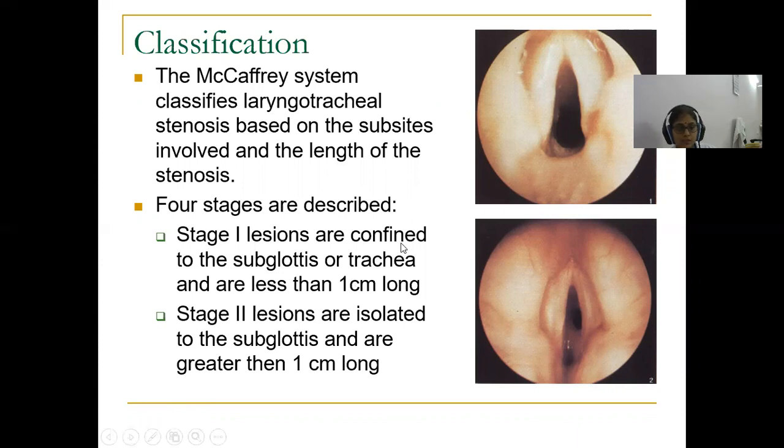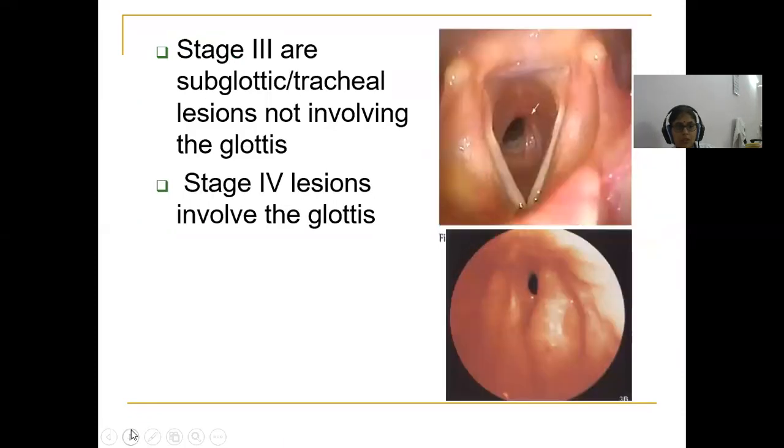Stage 1, the lesions are confined to the subglottis or trachea and are less than 1 centimeter long. Stage 2, lesions are isolated to the subglottis and are greater than 1 centimeter long. Stage 3 are subglottic or tracheal lesions not involving the glottis, and stage 4 lesions involve the glottis.